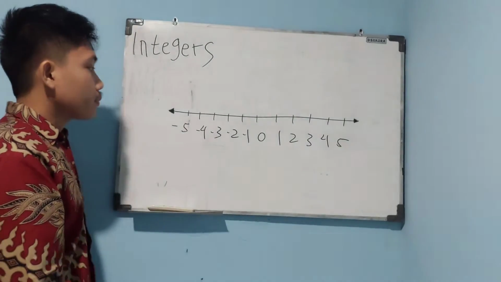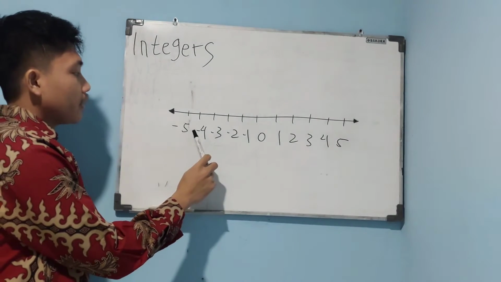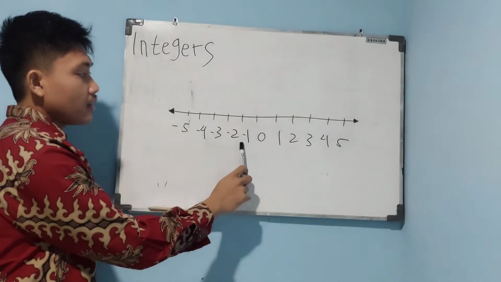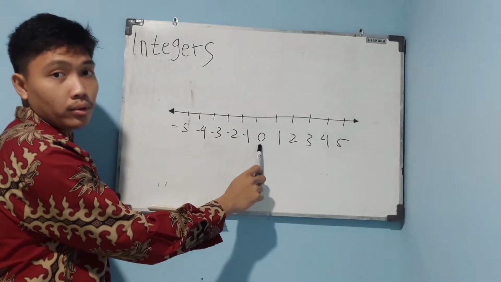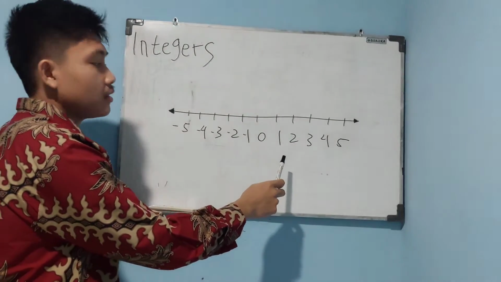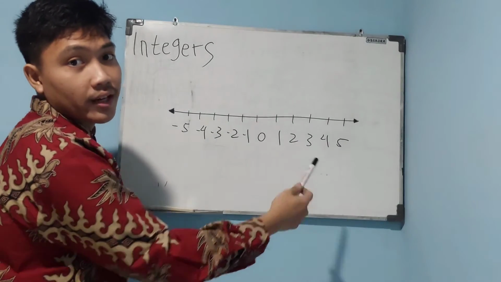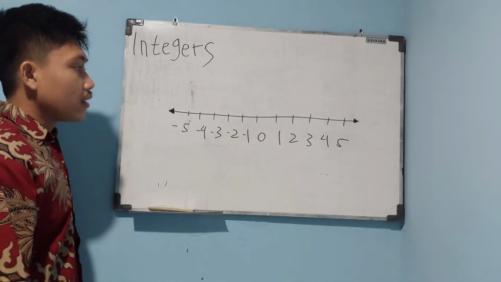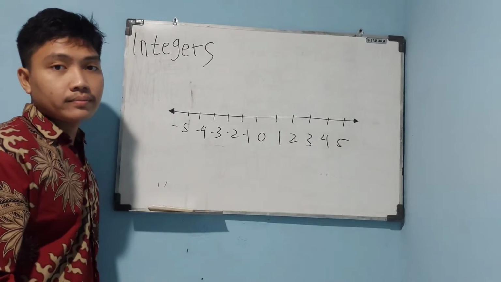For example, start from -5, -4, -3, -2, -1, and in the middle you can find 0, and next to it the positive numbers 1, 2, 3, 4, 5, right? And in integers you cannot find decimal and fraction parts.